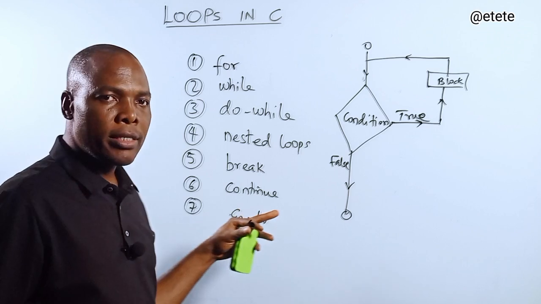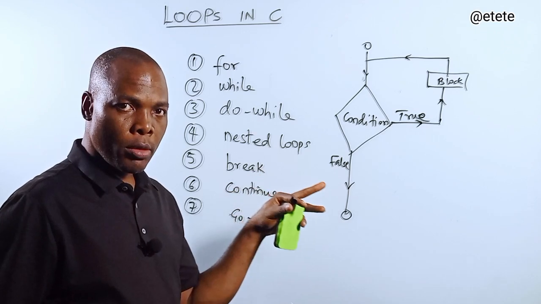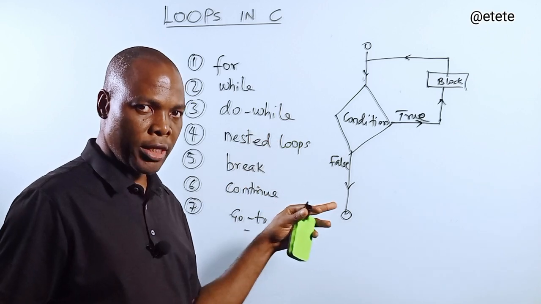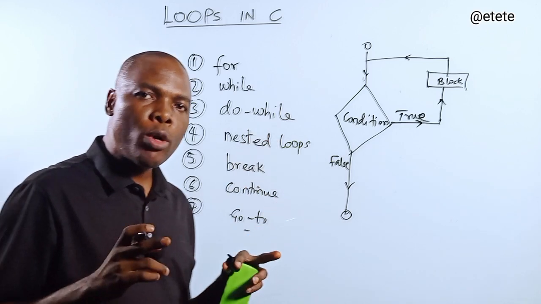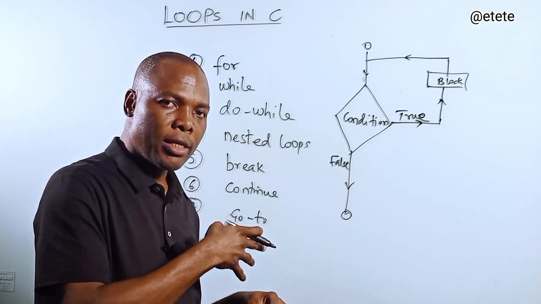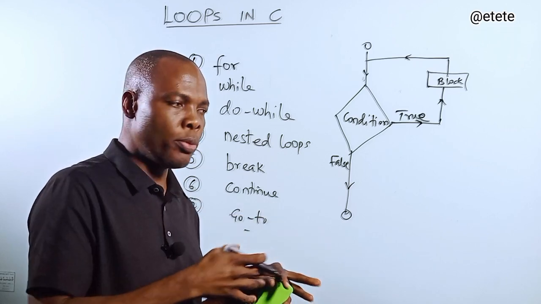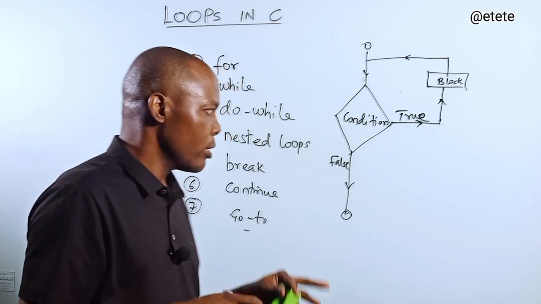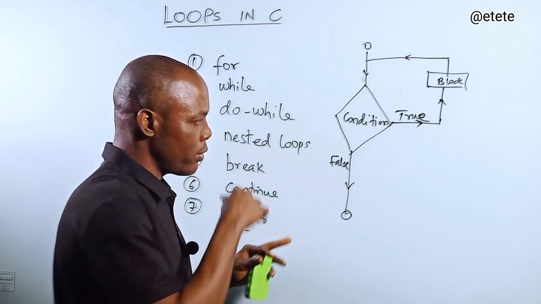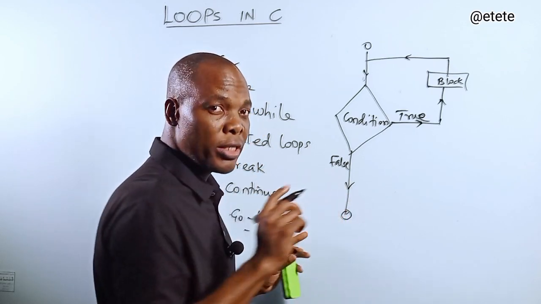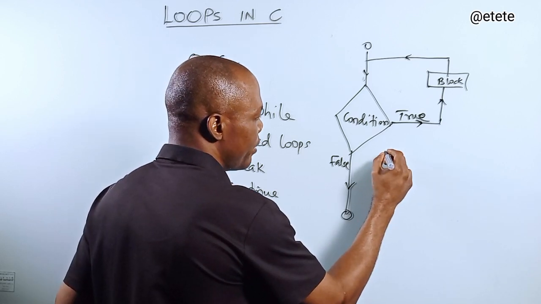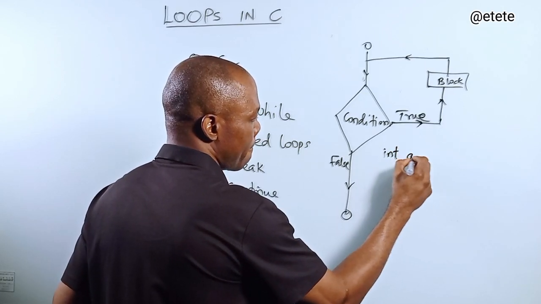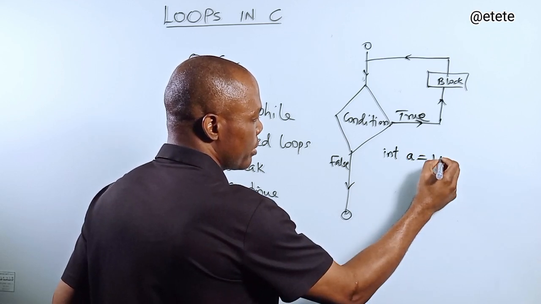I'm going to write a very simple program to illustrate this concept. But what I really want you to note in this introduction to loops is the iterations that are in the loop. So let me write a small program for you to see. I'm going to use a while loop. Let's say I declare a variable int a and I assign 1 to it.